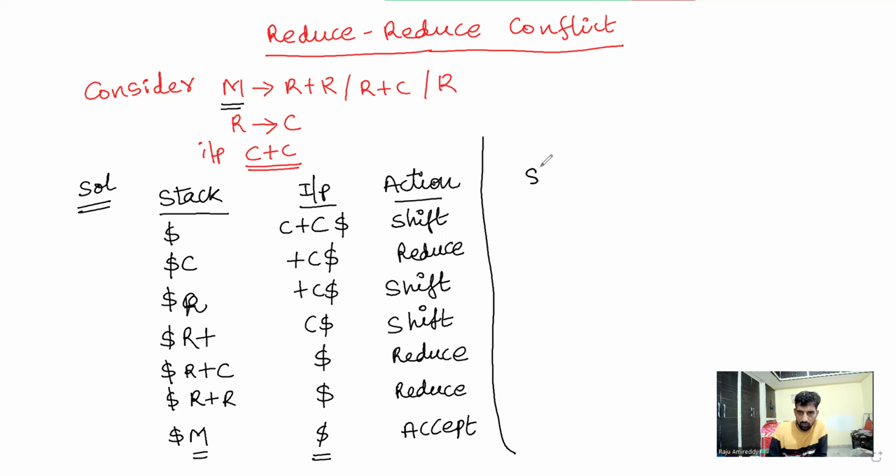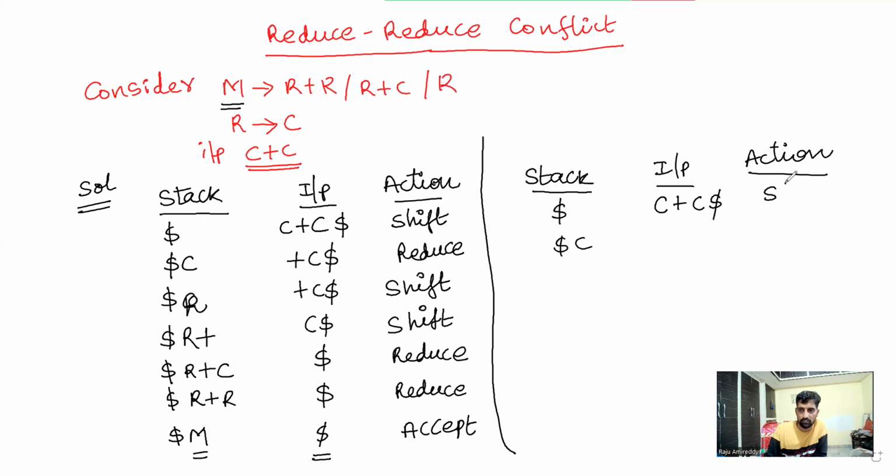Now I am taking one more variation: stack, input, action. So the stack value is again dollar, the input value is C plus C dollar. C will come here. It is called shift.